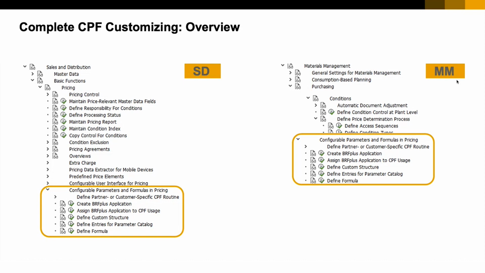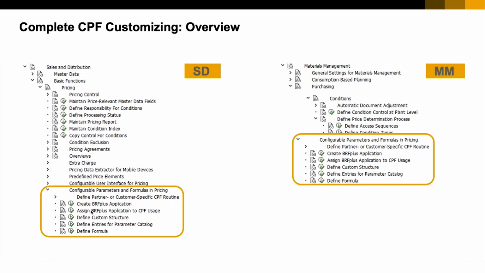This just shows the customizing view where you can find the settings. Under Sales and Distribution, you would see configurable parameters and formulas in pricing. These are the only 5 nodes you would need to work on. Create a BRF Plus function, similar to CPE, what Suraj was talking about in the morning: you create a function first and activate it.